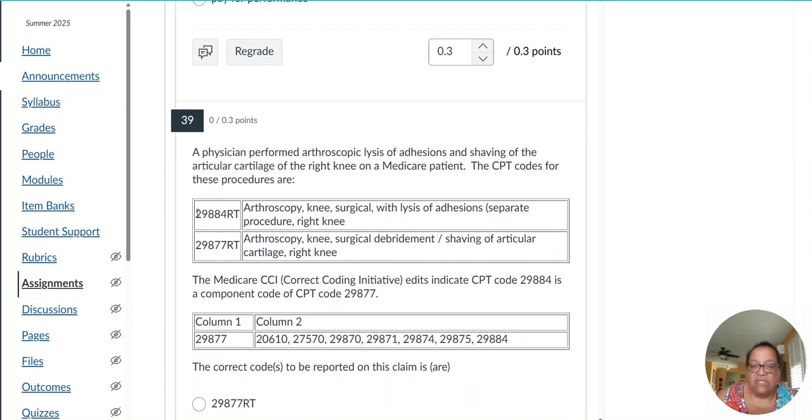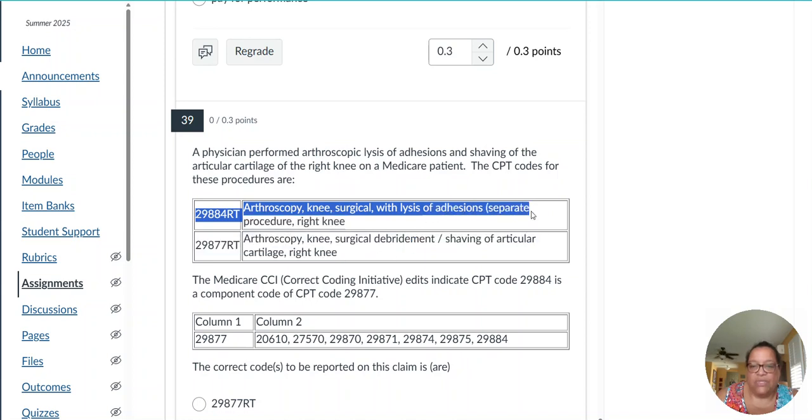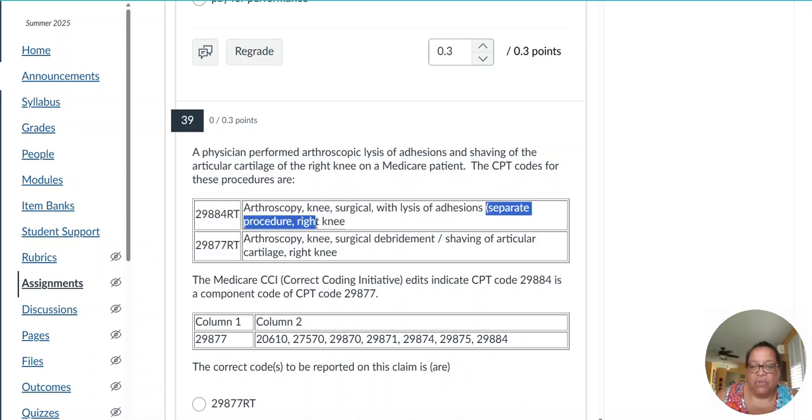However, when we go to the CPT coding manual, we see two very important words called separate procedure. And we should know, based on our previous education and experience with this particular coding system, that when we see those words separate procedure within a code descriptor, that means the only time we apply the lysis of adhesions code is if that's the only thing that was done.